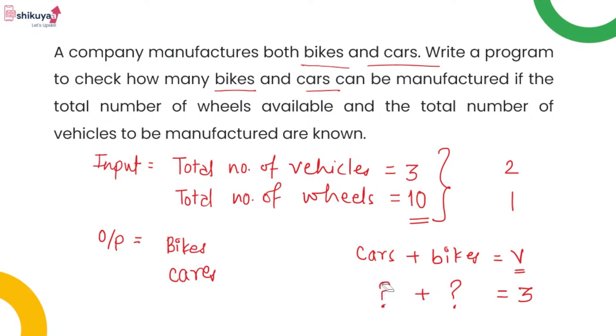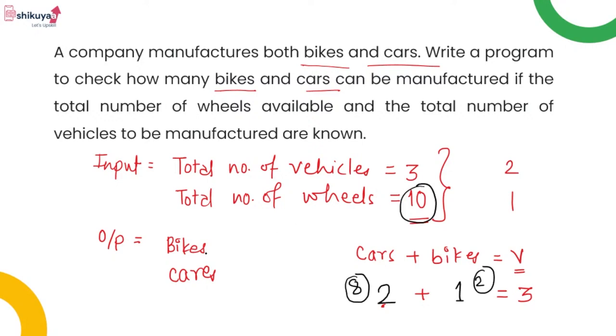Cars are 2 and bike will be 1, because the cars will have a total of 8 wheels and the bike will have 2 wheels. So the total number of wheels is 8 plus 2, which is 10.